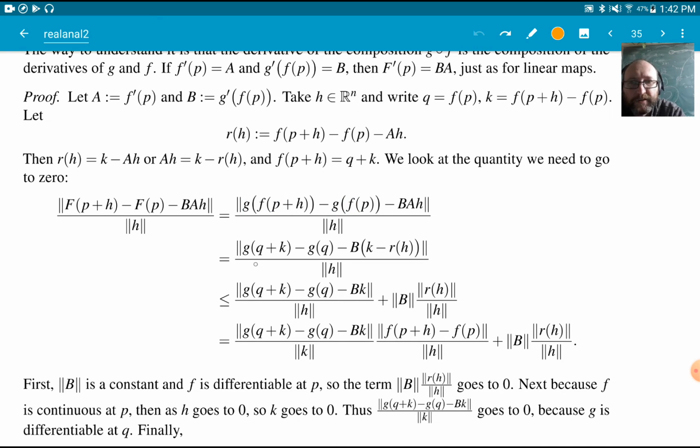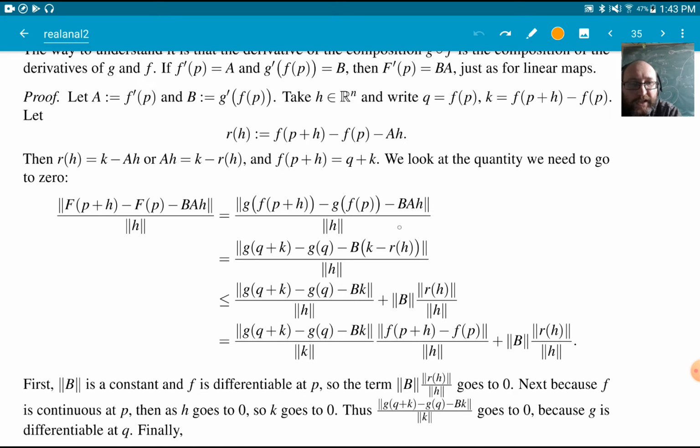Now what we use is that f of P plus H is Q plus K, and f of P is just Q. So this becomes this, and this becomes this. Let's clear that.